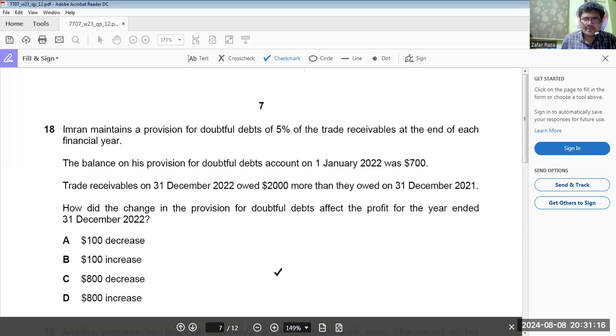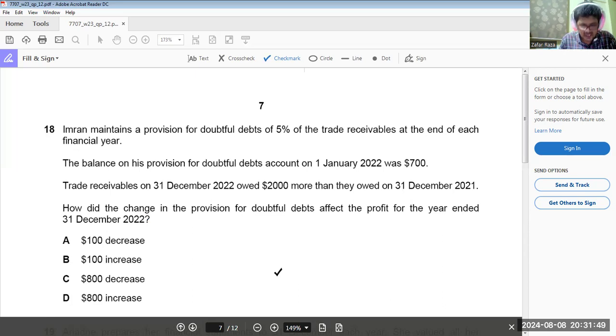Now, the thing is, what we have to calculate, if already we have $700 on 1st January 2022 on the amount of trade receivable, it means this year we have to only apply 5% on the increase of trade receivable. The trade receivable is increased by 2,000 and 5% would be, oh, my calculator.